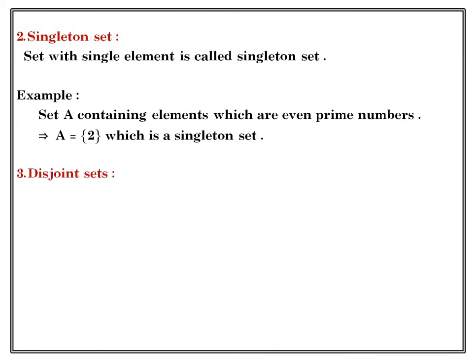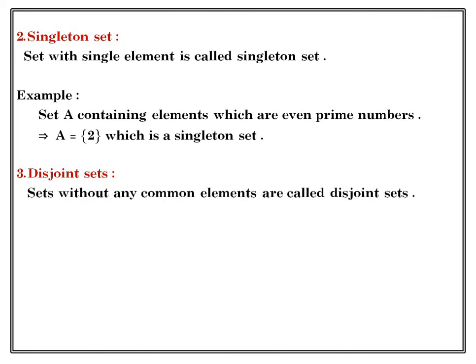Next, disjoint sets. So what do you mean by disjoint sets? Sets without any common elements are called disjoint sets. Means the sets should not contain any common elements. Let us see an example. A is a set with elements 1, 3, 5, 7, and B is a set with elements 2, 4, 6, 8.